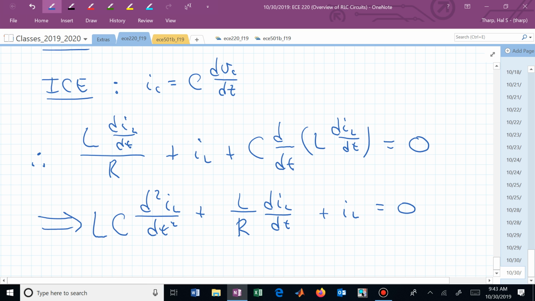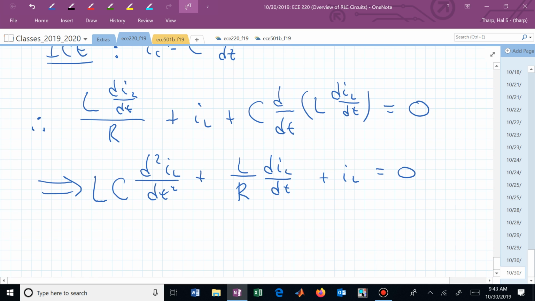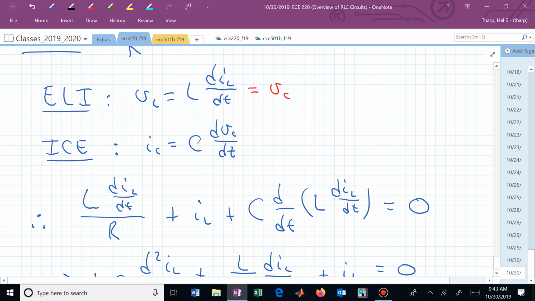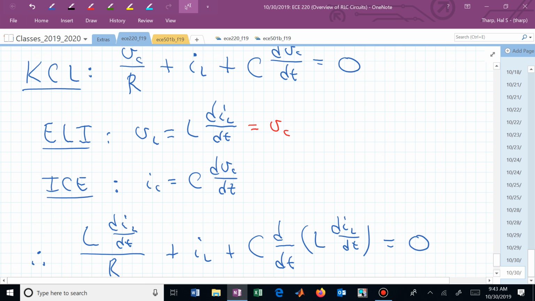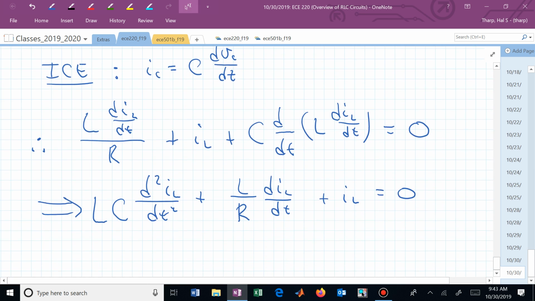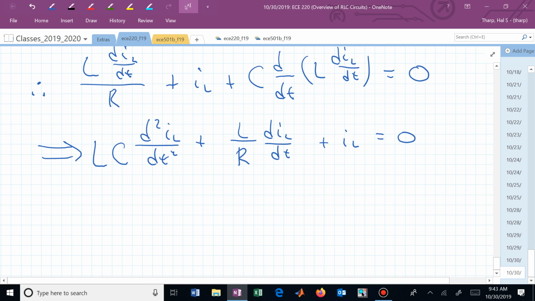And now we have a second order differential equation in terms of I sub L. We now know how I sub L varies with respect to time, the inductor current. And if we need the capacitor voltage, we just find the first derivative of the inductor current and multiply by L, and now we have the capacitor's voltage if we need to back that variable out.